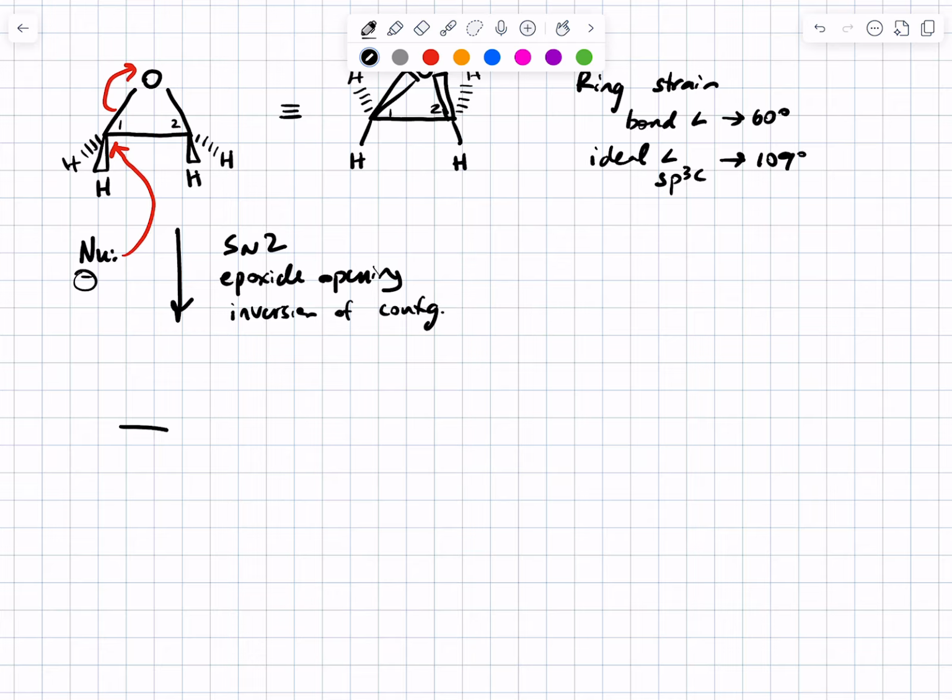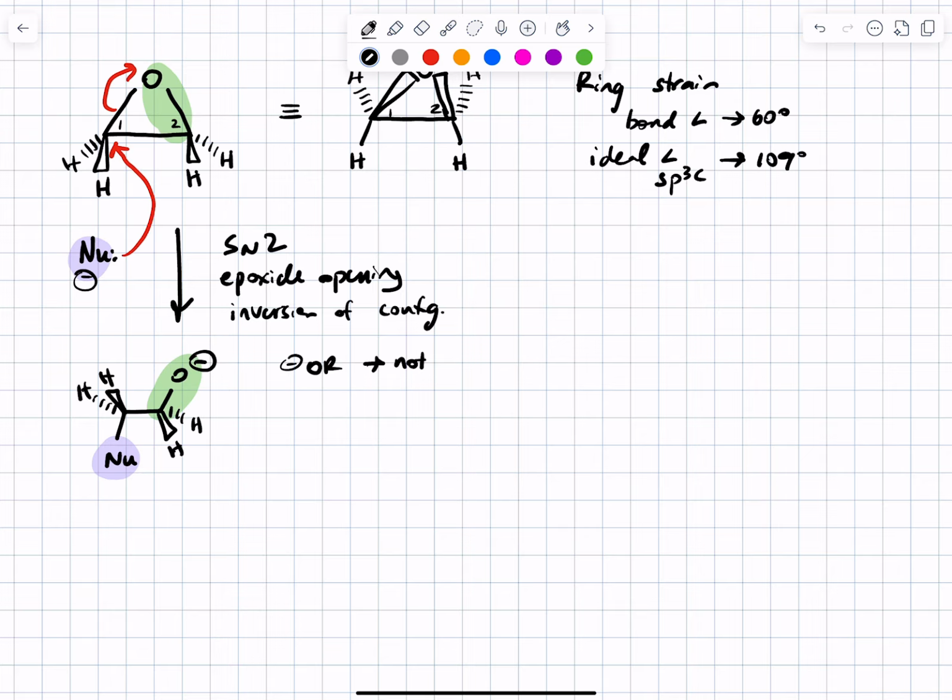Now, this maybe should give some of you a little bit of heartburn, because you'll notice that when the nucleophile attacked, the leaving group that left is OR minus, which you've been used to thinking about as not a good leaving group.